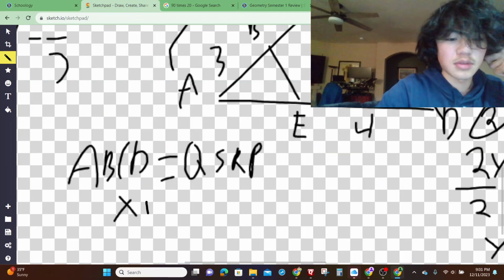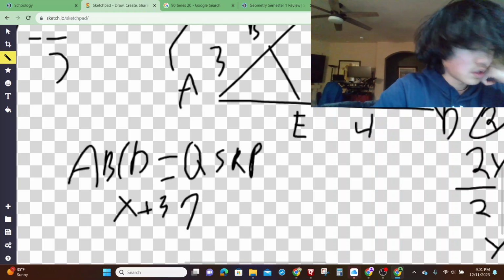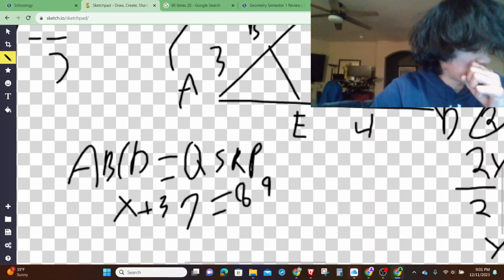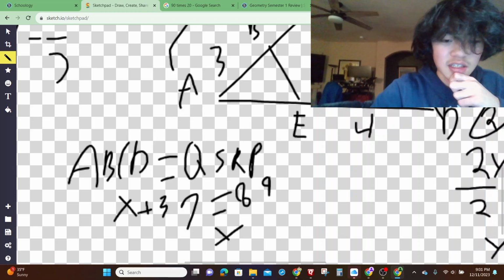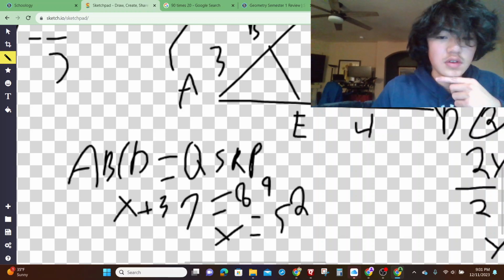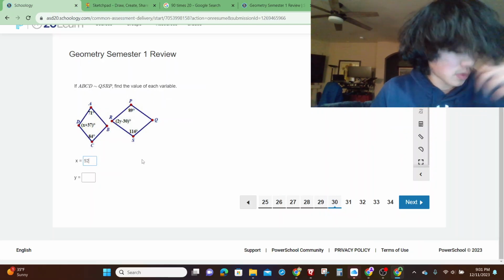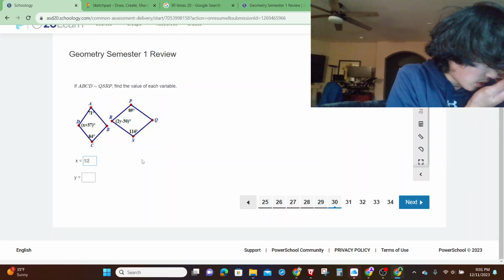So we do x plus 37 equals 89. Subtract 37, so we get x equals 52. So we know our x value, and we can find our y.